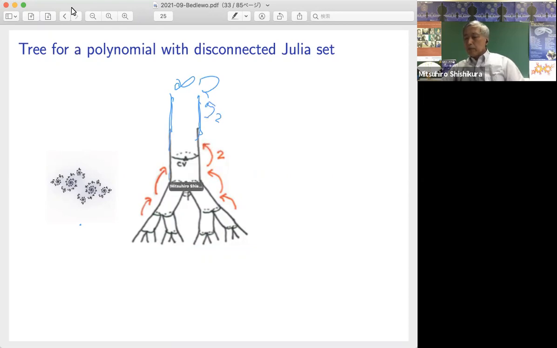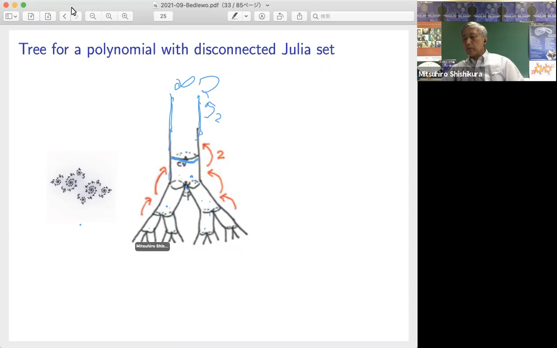But if you come back here at the level of a critical point, you have a figure 8 shape for the level curve of the Green's function, and the image is a circle containing critical values. And then inverse images are just copies of these. So there are two copies because there are two inverse images, 1-to-1. So you get something like this, and more inverse images, and so on.